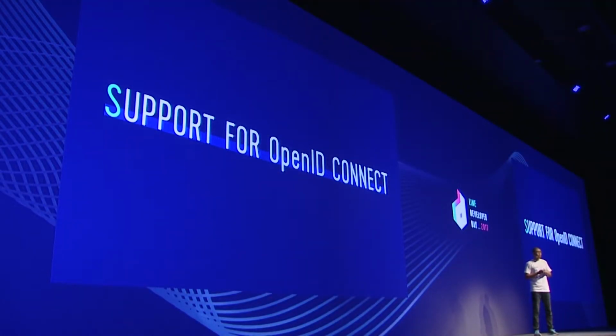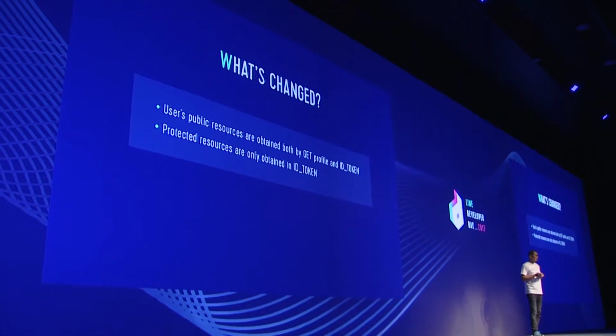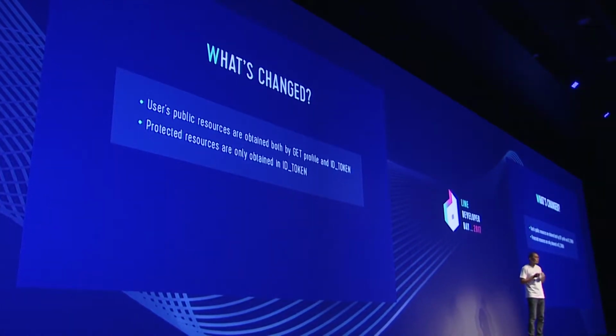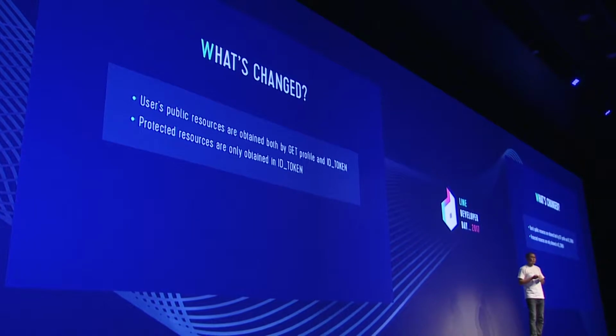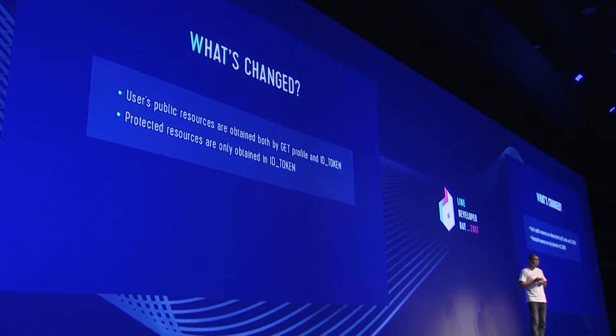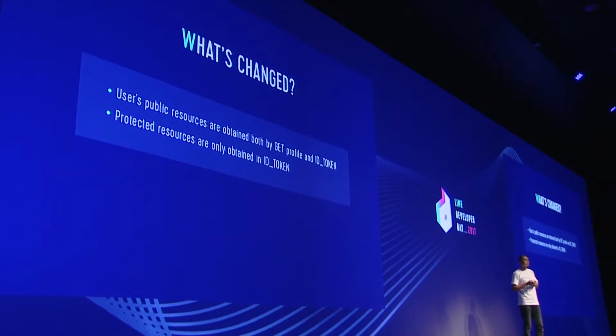Additionally, through this new endpoint, there are new features. That is, support for OpenID Connect. The second half of the session will explain more about this feature, but the provision methods will increase. The display name and other public user resources will be acquired through Get Profile.